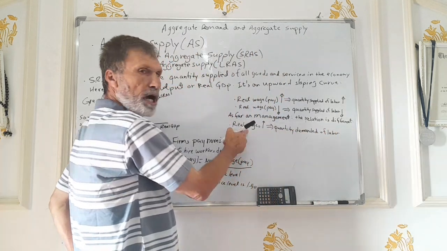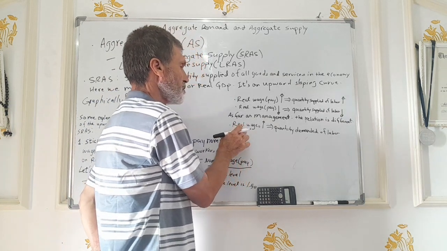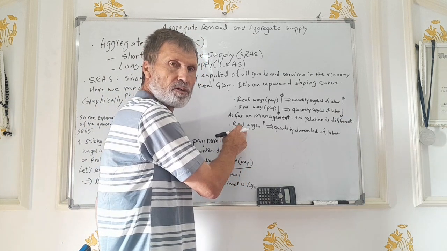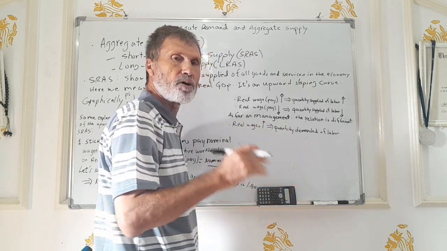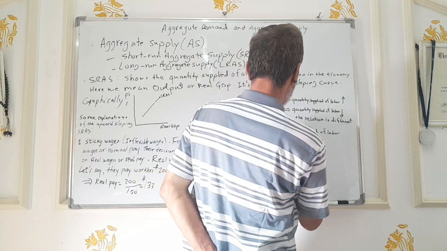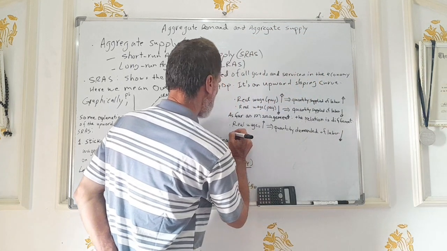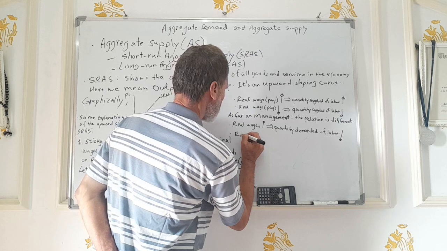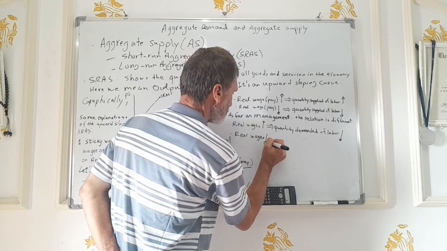When the real wage is going up, of course, it's not to the advantage of the management or the firm. So what they have to do is decrease their hiring of workers. So it means the quantity demanded of labor will go down. What about when the real wages are going down?